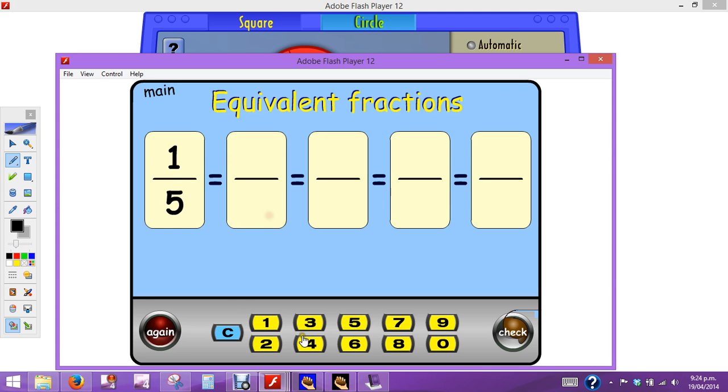1/5. The second multiple of 5 is 10, so the base becomes 10ths. The second multiple of 5 is 10, so 2 tenths. The third multiple of 5 is 15, so that's why we have 3 15ths, it's the third.